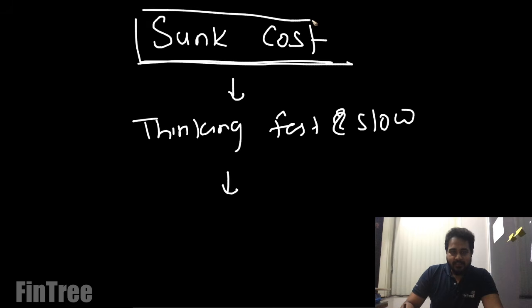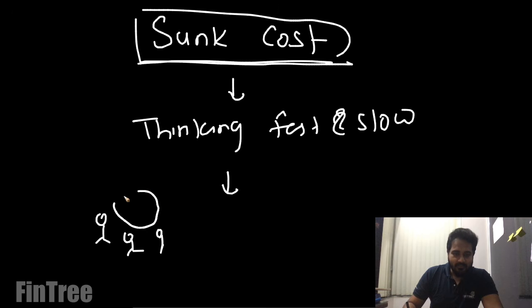The example he gives, with my mediocre drawing skills, think of this as a restaurant where a family is sitting and having their dinner. Now this is a kid. The kid orders a dish, and he doesn't want to finish it.